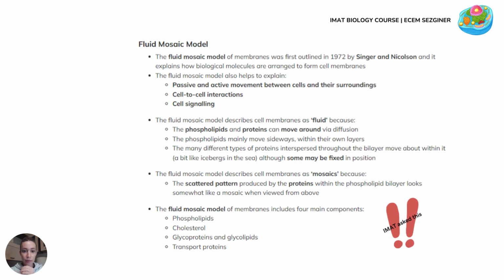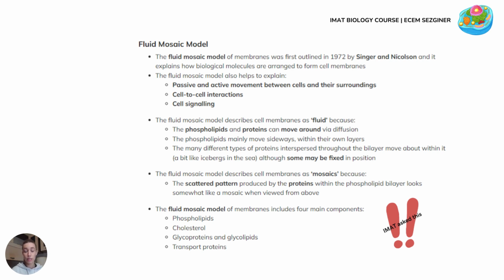The fluid mosaic model of the membranes was first outlined by Singer and Nicholson. Thanks to this model, we are able to explain how passive and active movement can happen between the cells and their surroundings. We can explain cell-to-cell interactions and cell signaling. So these three things you should have an idea that we can explain with the fluid mosaic model.